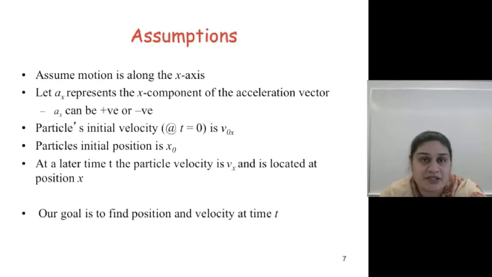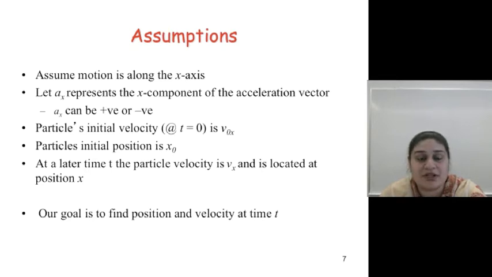The first things to consider here are what we call assumptions, and these are very, very important to know and to recognize. The assumptions include things like ax will be our representative of the x component of the acceleration vector. The acceleration vector could be positive or it could be negative.